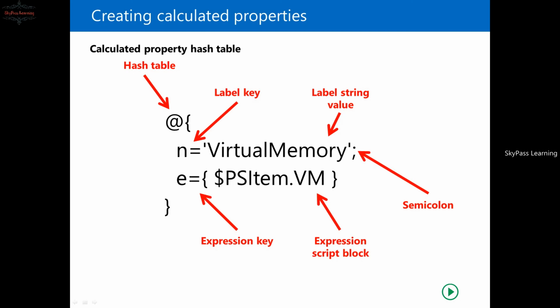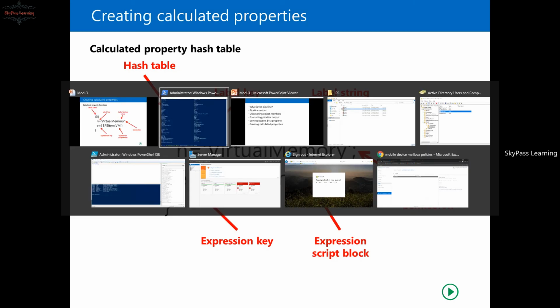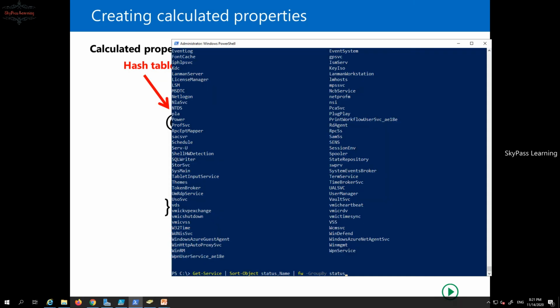So n represents the label key here, and e represents your expression key. When I use this with select object, how we can use it, let me show you with a sample command. Okay, if I'm going to put it Get-Process.